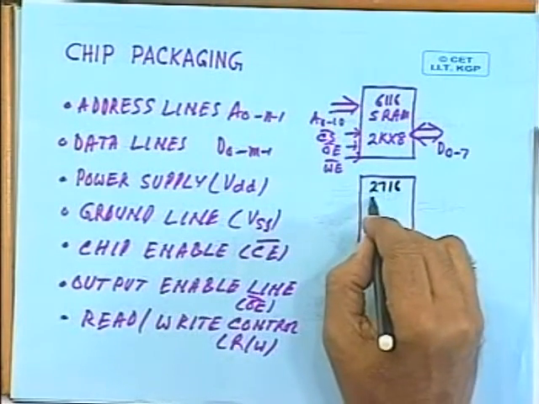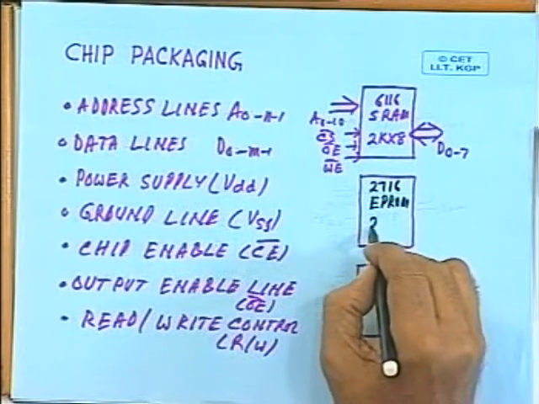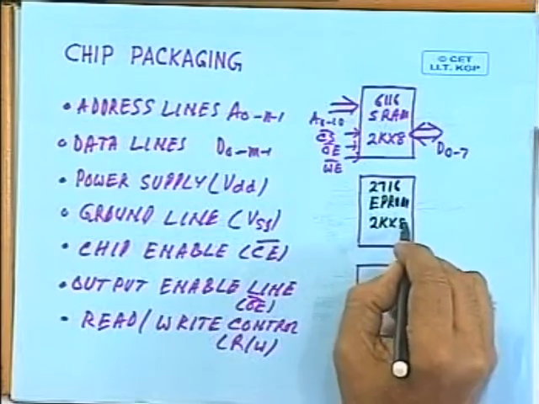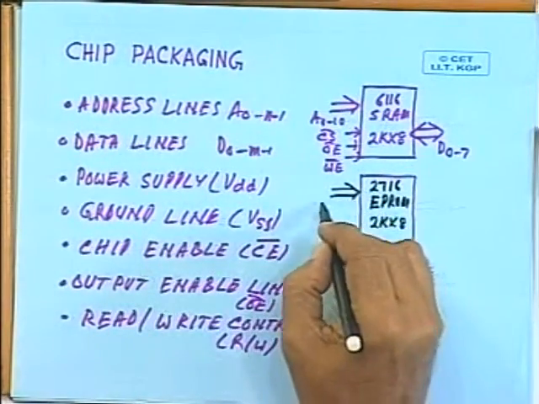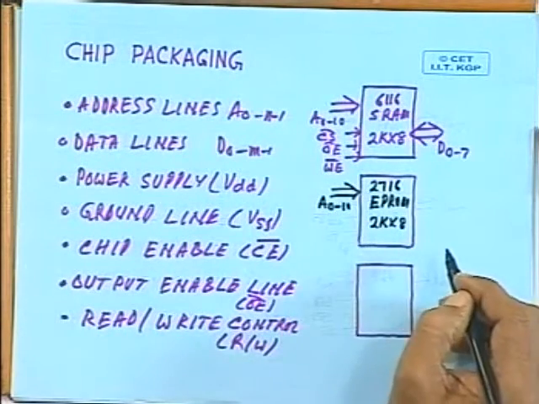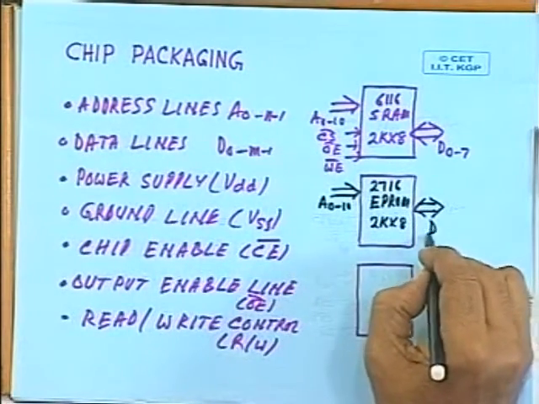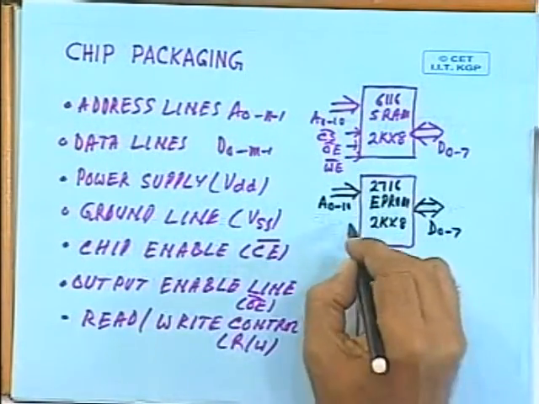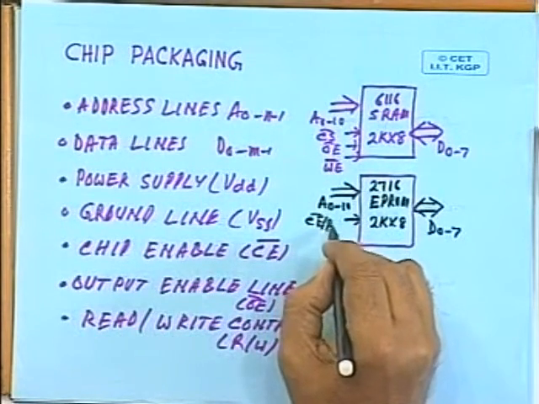2716 EEPROM is another which is also very popular. It has the same organization, 2K into 8, and the lines provided for accessing are A0 to A10, then data lines D0 to D7. It has a chip enable program line.